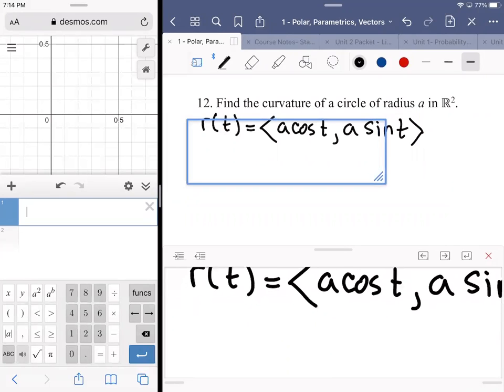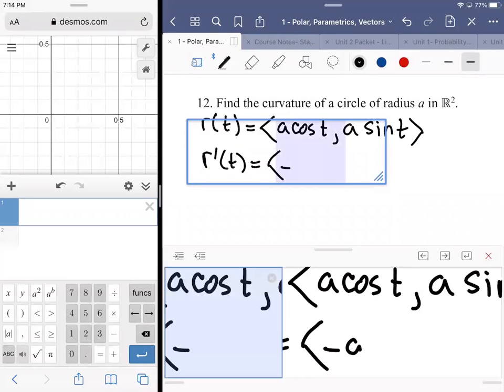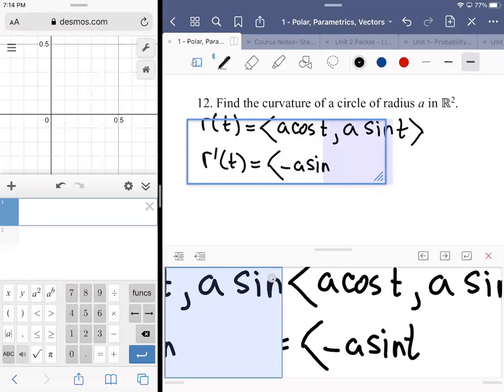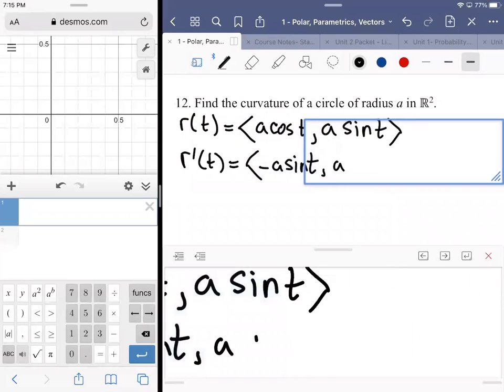All right. So we already know what the unit tangent vector is, but you can reinvent the wheel if you want. T of t, and I also need r prime of t anyway. So let me chuck that in here real quick: negative a sine t, a cosine t.